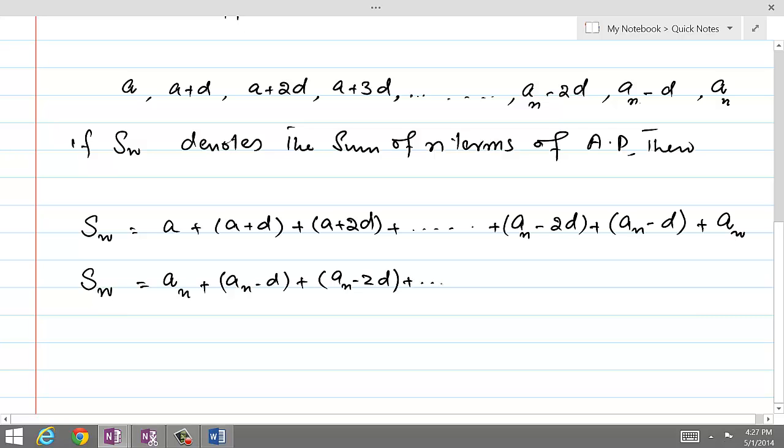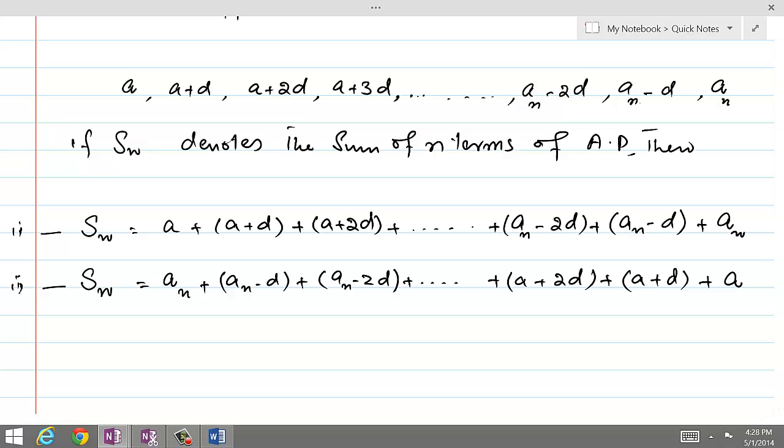And similarly, if we continue onward, we'll reach the second term, which would be a plus d, and the next term would be simply a. Let us call this 1 and the second arrangement 2. We just wrote this sum of n terms in a different arrangement. It doesn't change their value.